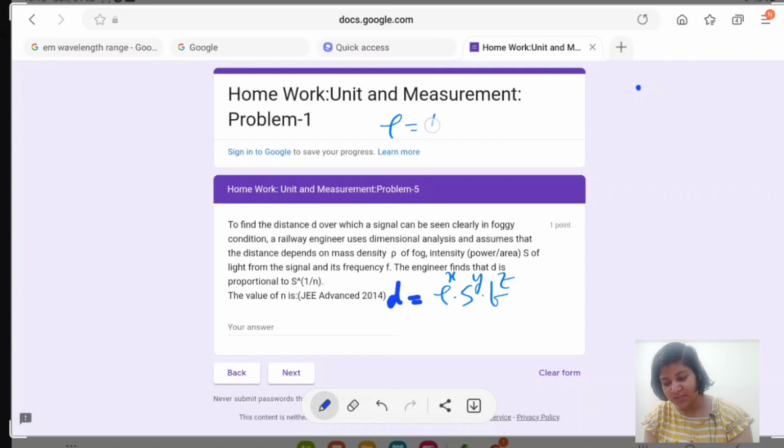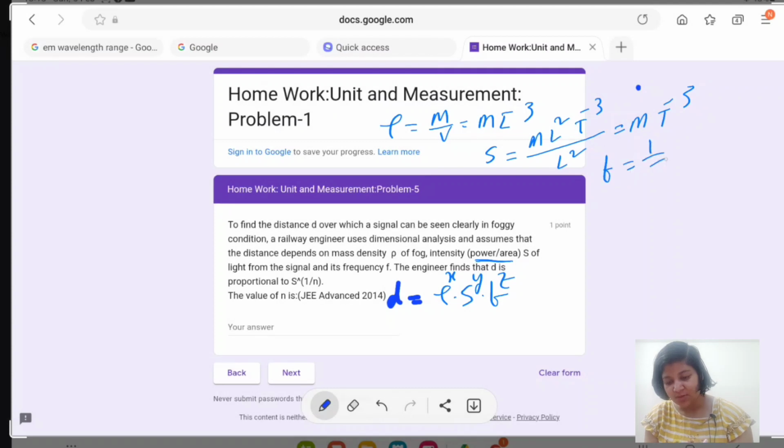So rho is the mass density, which is mass per unit volume, or m L to the power minus 3. The dimension of intensity is given as power per unit area. So power is m L square t to the power minus 3 divided by a unit area means L square. So m t to the minus 3. Frequency is simply 1 over time period or t to the power minus 1.